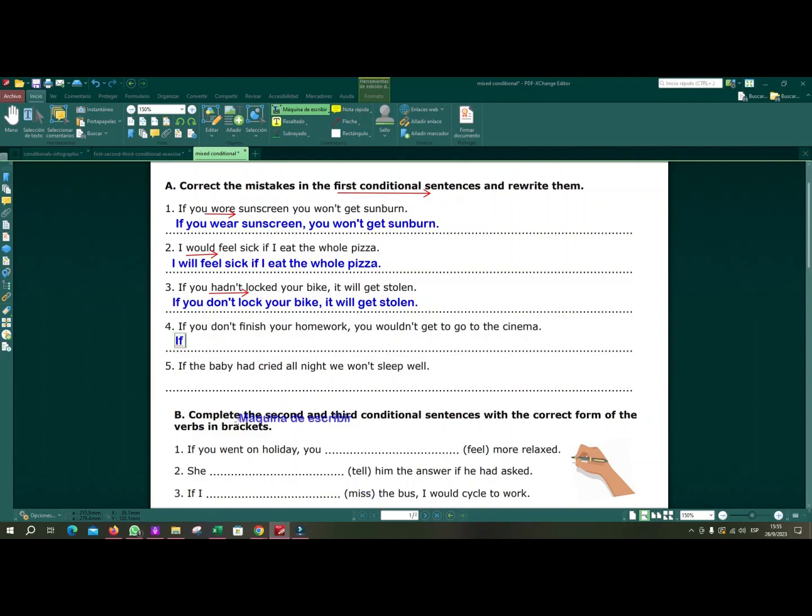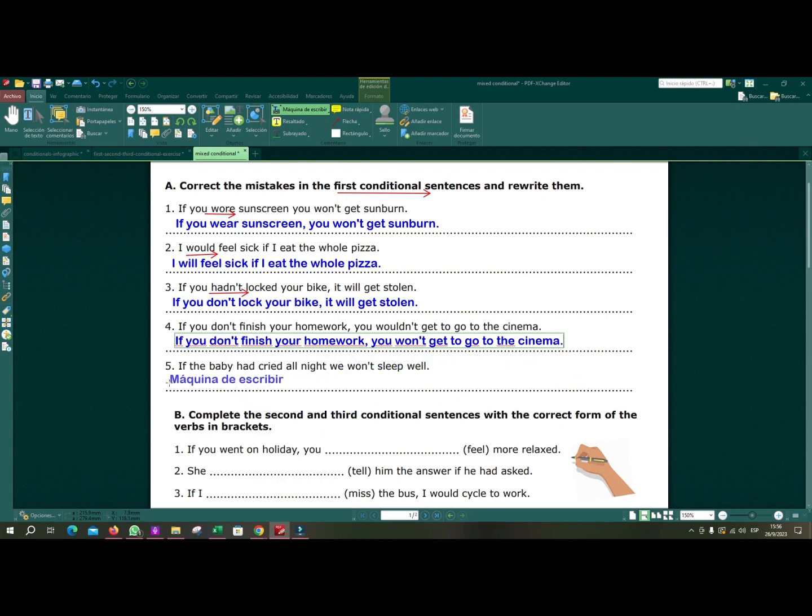So, if you don't finish your homework, comma, you won't, right? Or will not. That is almost the same. So you won't get to go to the cinema. Okay, that would be nice. So if you don't finish your homework, you won't get to go to the cinema.